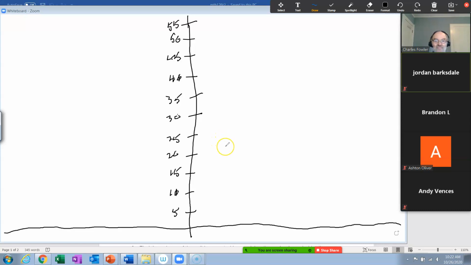All right, now my x-axis is not going to be nearly scaled like that. Okay, here's what I'm going to do. 1, 2, 3, 4, 5, 6, 7, 8, 9, 10, 11, 12. And I'll go a minus 1, 2, 3, 4, 5, 6, 7, 8, 9, 10. Okay, something like that.